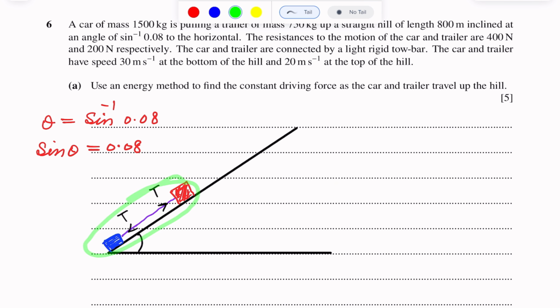This is the bottom and this is the top of the hill. This is the bottom of the hill. This is the top of the hill.